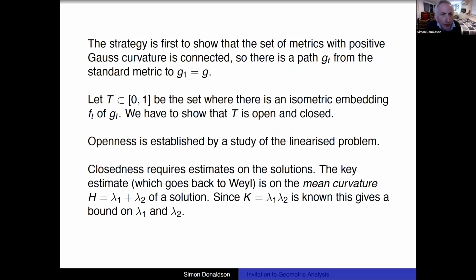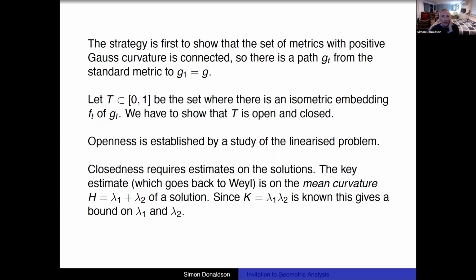So the strategy of Nirenberg's proof is that first one shows that the set of metrics with positive Gauss curvature is connected. So we can take a path from the metric we want to consider, G, to the standard metric G0, of course the standard metric of the ordinary two-sphere sitting inside R3.